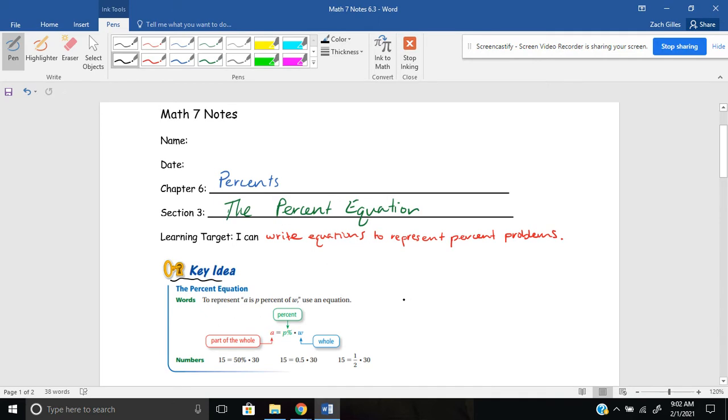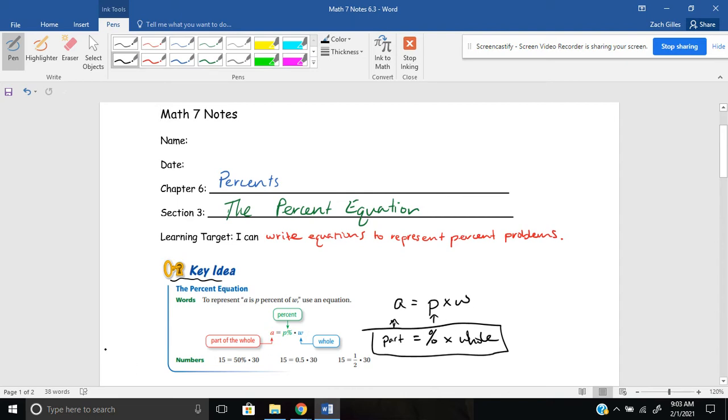The percent equation is A equals P times W, where A is the part, just like it was last section, P is the percent, and W is the whole. So it's similar to last section, where we're using the same terminology and abbreviations.